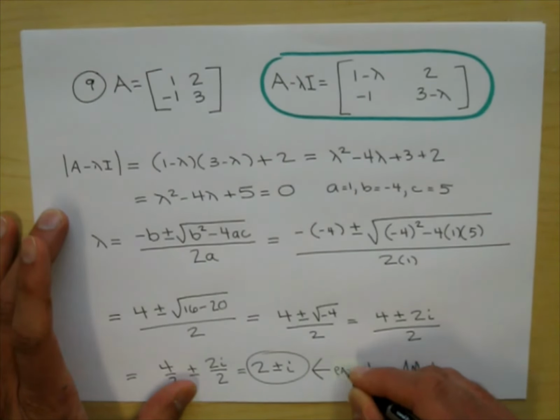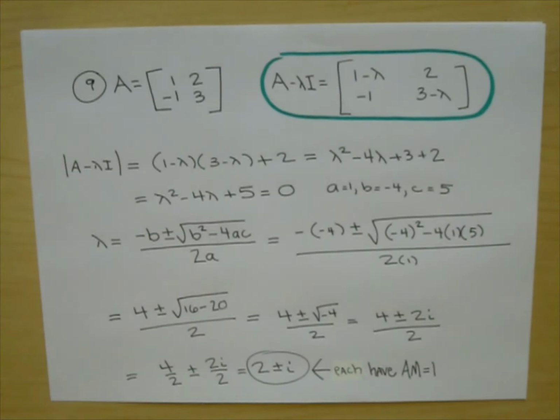So each have algebraic multiplicity of 1. So what are we going to do about this? Well, we have to go find the eigenvectors that correspond to these eigenvalues.